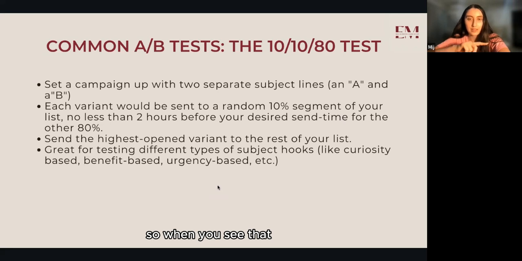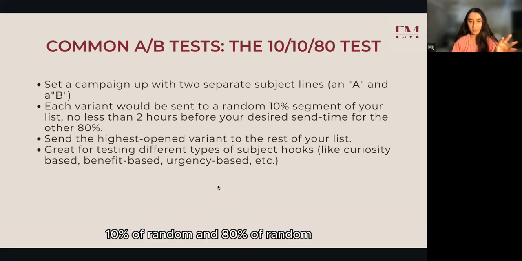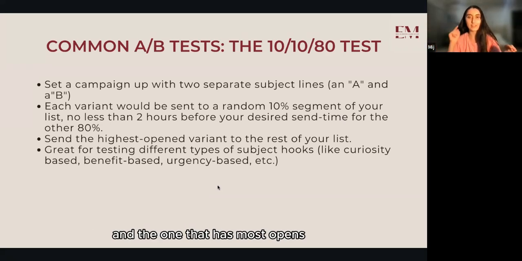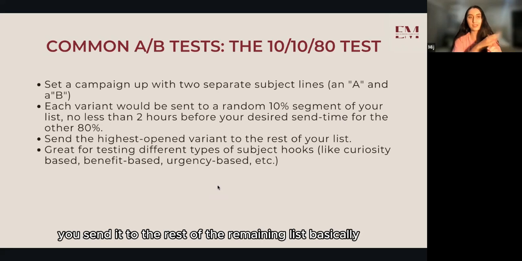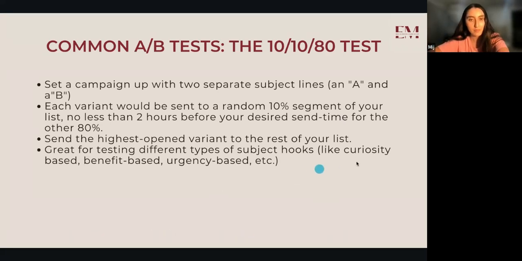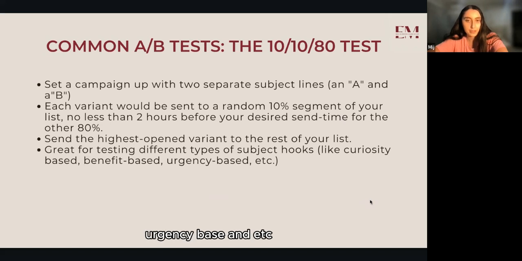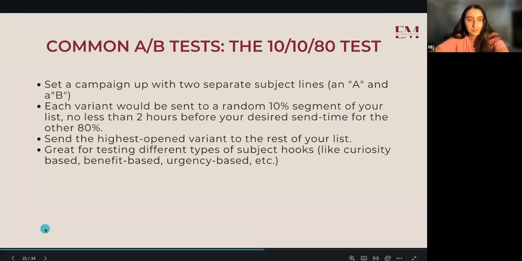So you send it to 10% random and 10% random, and then you see which one has the most opens, and then you still have the remaining 80%, right? And the one that has the most opens, you send it to the rest of the remaining list, basically. So it's great for testing different types of subject hooks, like curiosity-based, benefit-based, urgency-based, and etc.